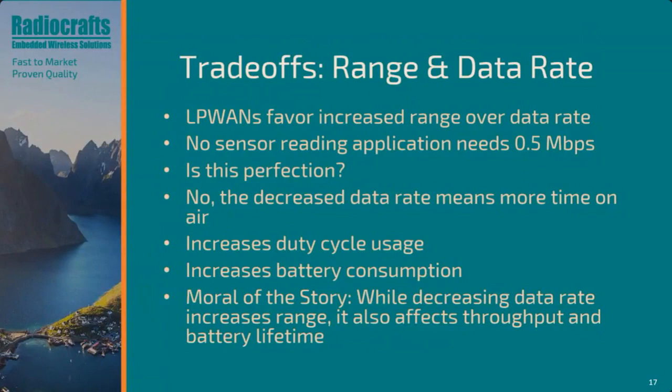But this decreased data rate means more time on air, since you have to keep the radio on longer to send the same packet size, which increases your duty cycle usage and also increases battery consumption. So again, the moral of the story is that while sacrificing some data rate to increase range, it still also affects battery lifetime. We always have to keep these things in mind when thinking about the best RF technology for our certain use case.